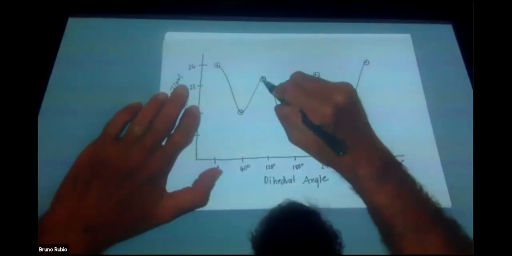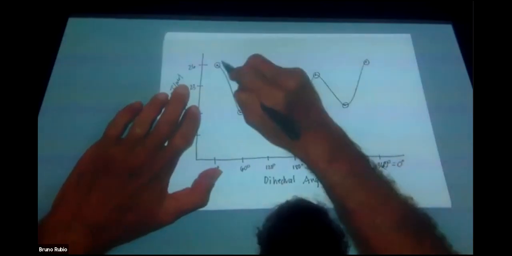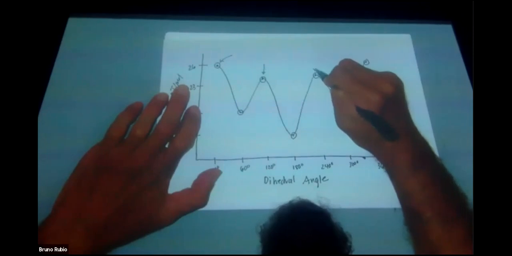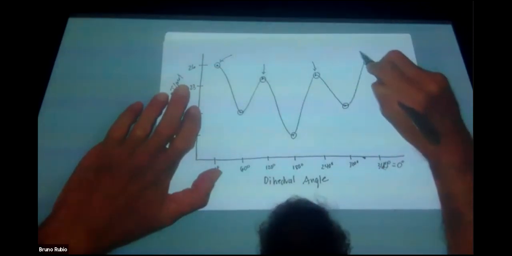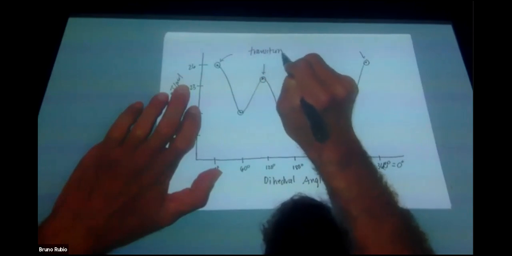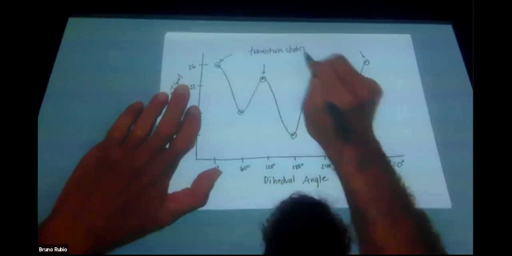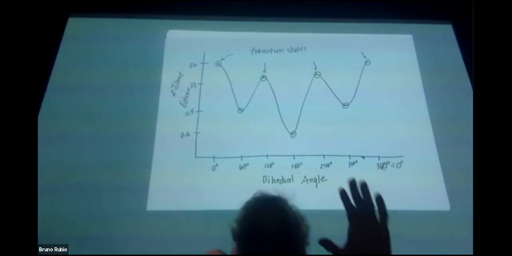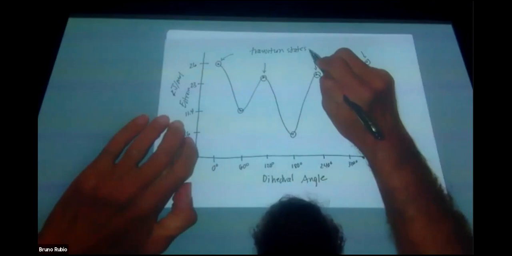The hills, this guy, this guy, this guy, and this guy, these are called transition states, and they're unstable, right? They represent energy maxima.